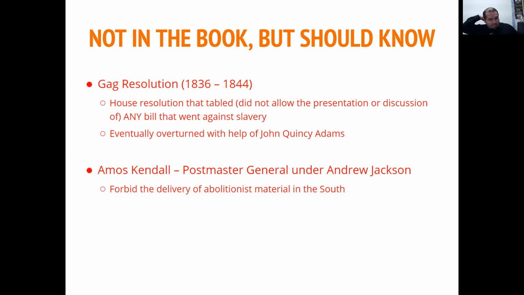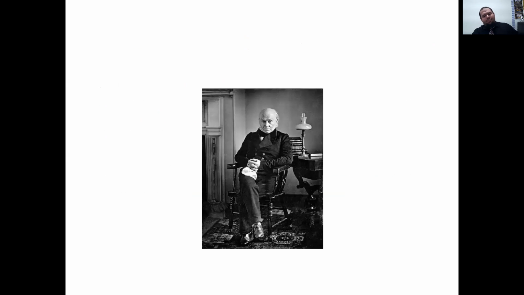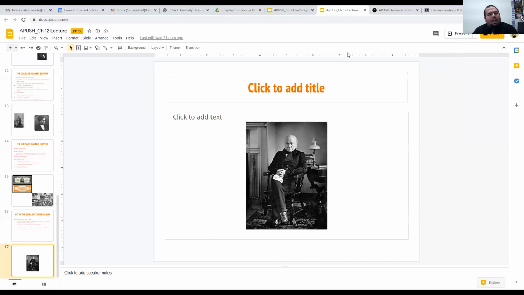And then there's a guy named Amos Kendall, who was the Postmaster General under Andrew Jackson, and he's the leader of the post office, right? Postmaster General. And he did not allow any delivery of abolitionist material going south. So anything that had anything to do with getting rid of slavery could not be sent south. And this is John Quincy Adams, FYI.